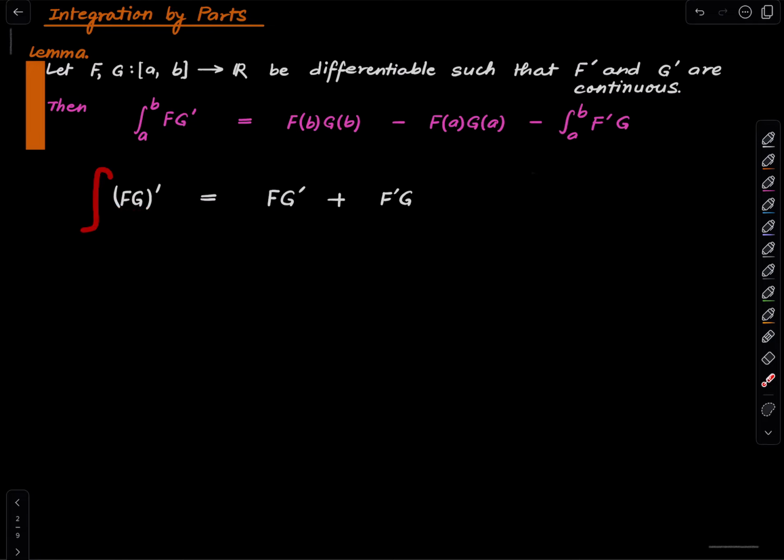If we integrate both sides from a to b, by the fundamental theorem of calculus we will get this. The other two terms: when you integrate the first, you get this, and you integrate the second, you get that. And you just rearrange, basic algebra, and you get that.